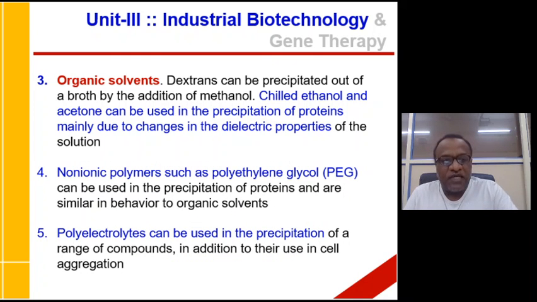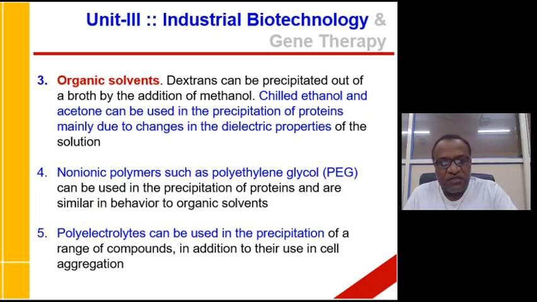Then we have organic solvents. So the dextrans can be precipitated out of the broth by addition of methanol. Even chilled ethanol and acetone can be used in the precipitation of proteins for the reason that they change the dielectric properties of the solution.